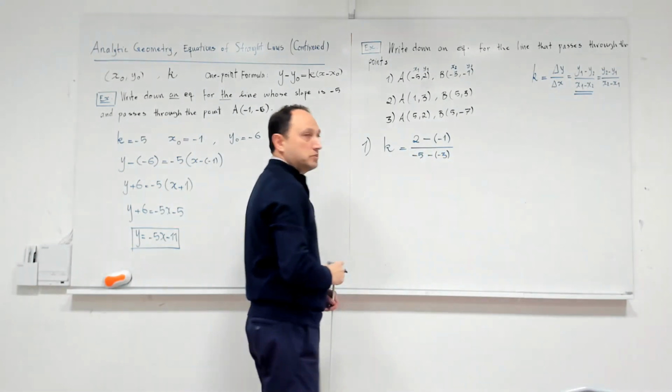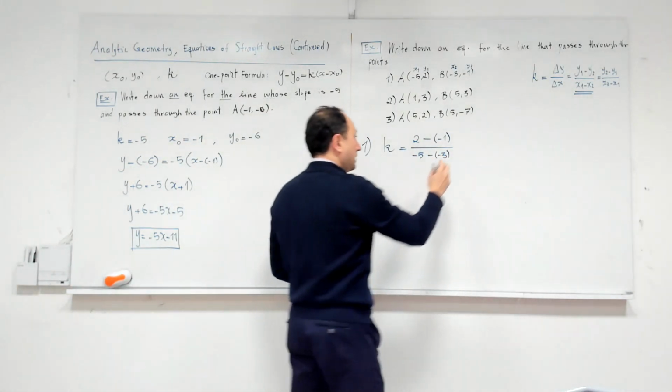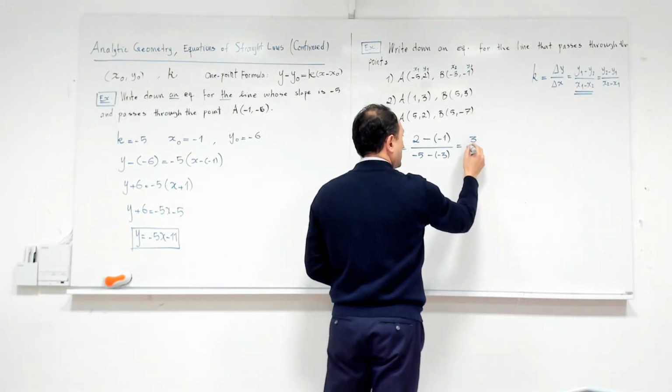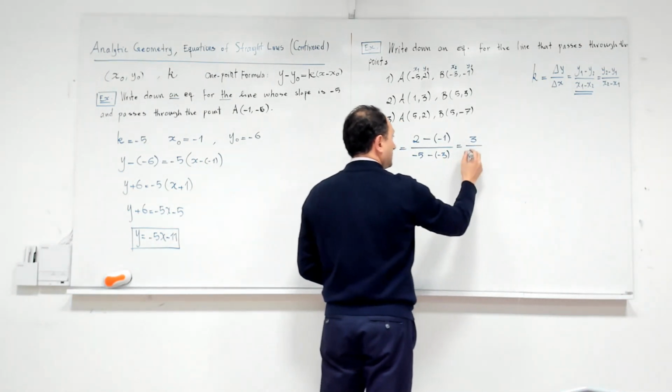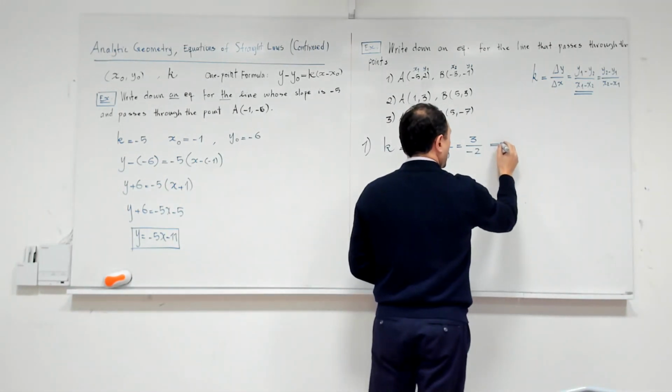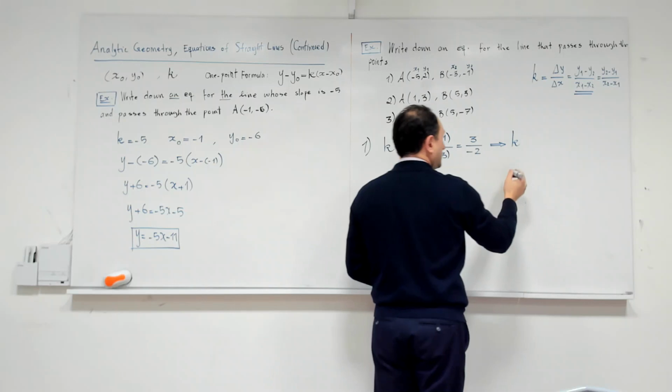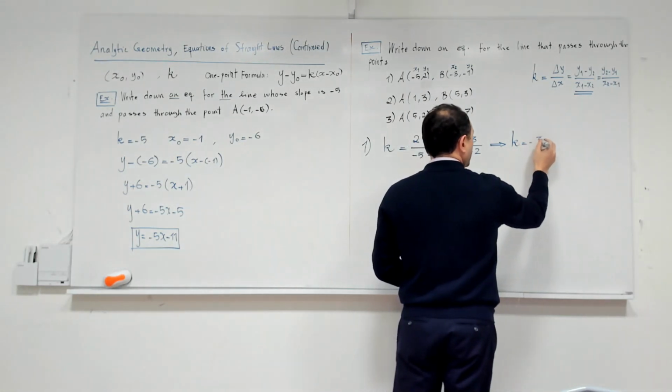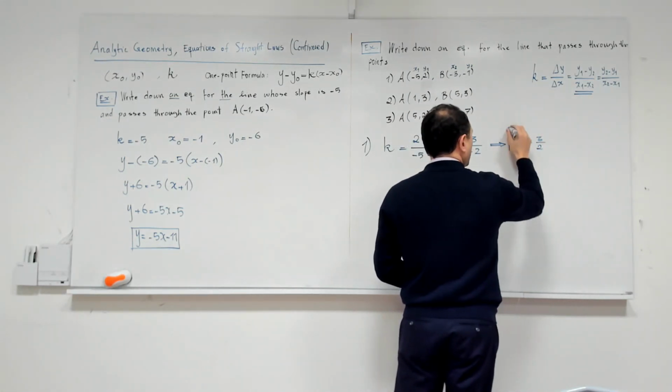And then try to simplify this. So what happens in the numerator, it becomes positive 3. In the denominator, it becomes negative 2. And then finally, my k value, which was not known in the beginning, now I know it. It is minus 3 over 2.